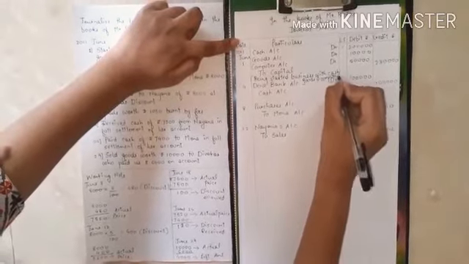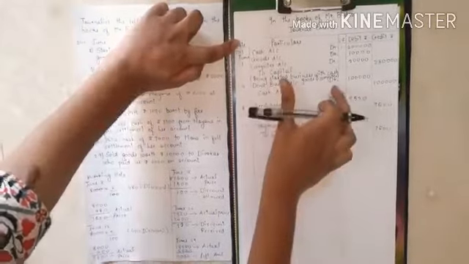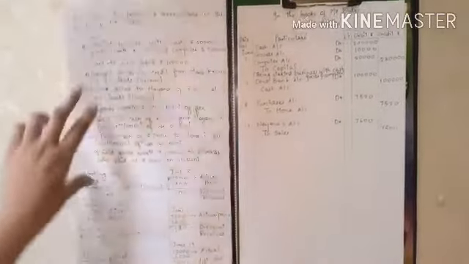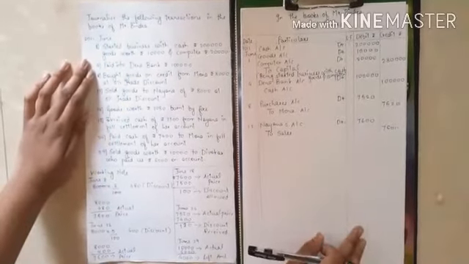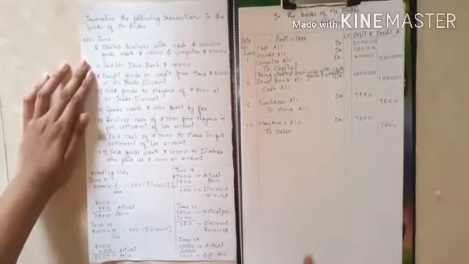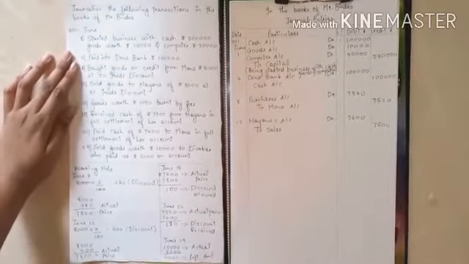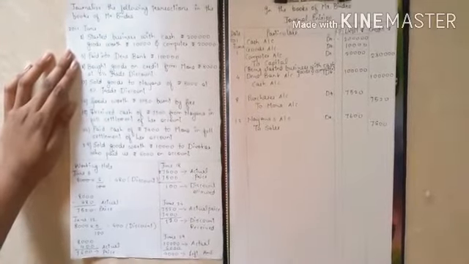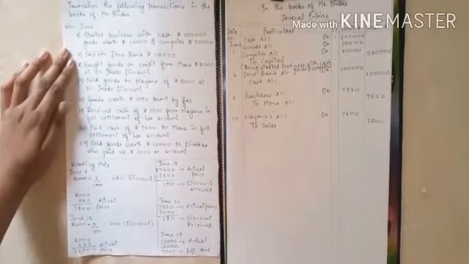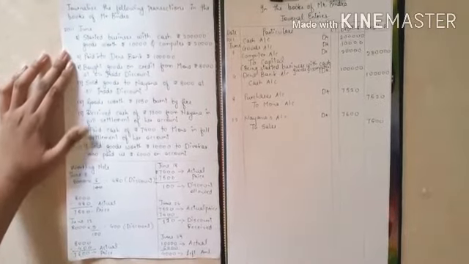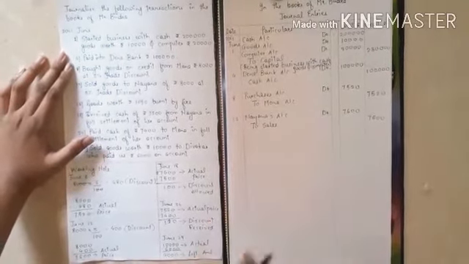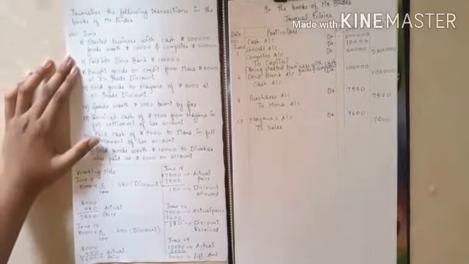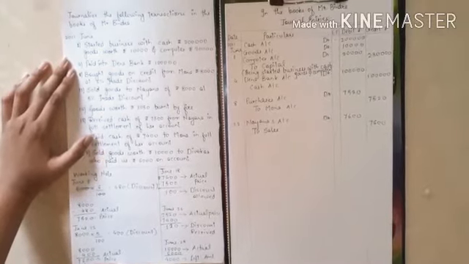Okay, now here I did not have place, so I have to write it down like that. But the mistake which I committed over here, you shouldn't do this. I purposely did this mistake so that you will get to know that something is missing in this. So that realization should come from you. So that is why I committed this mistake. But remember, narration is very important after every transaction.